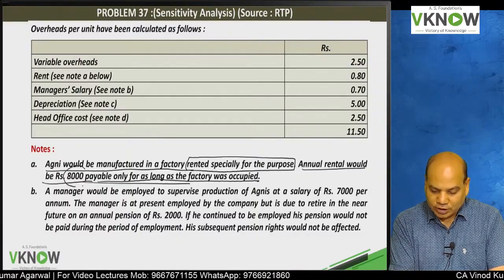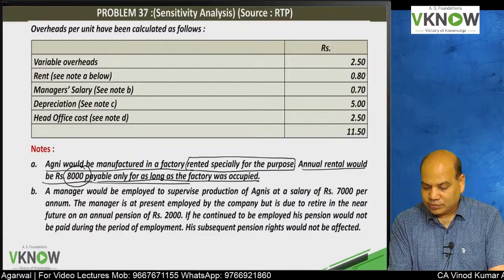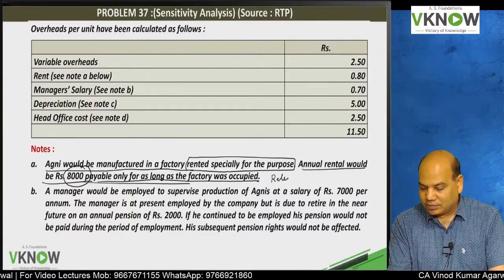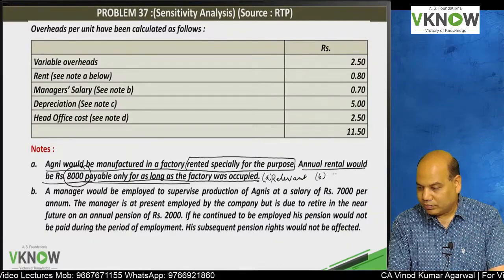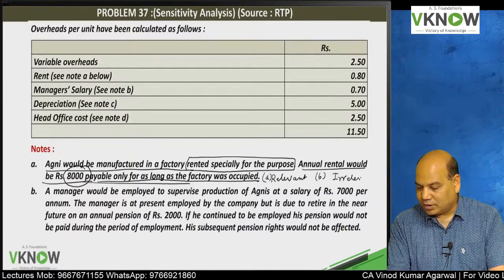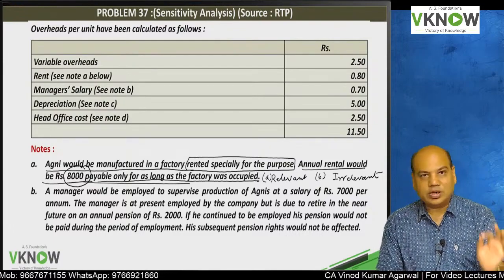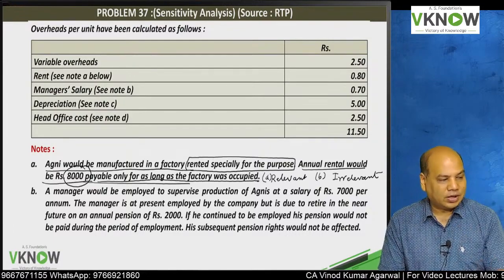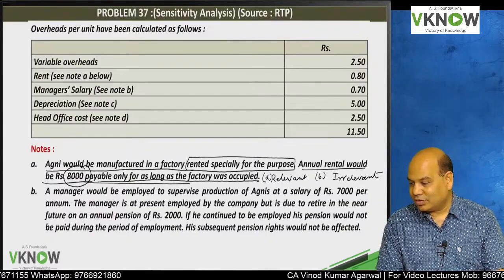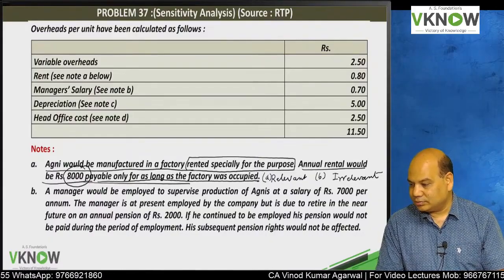So it's a fixed overhead. But my question is, option A, is it relevant? And option B, is it irrelevant in decision making? You just have to tell me relevant or irrelevant, R or I.